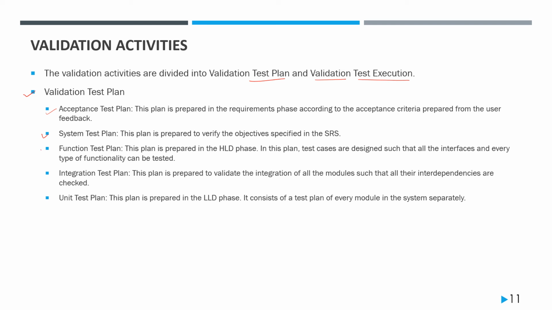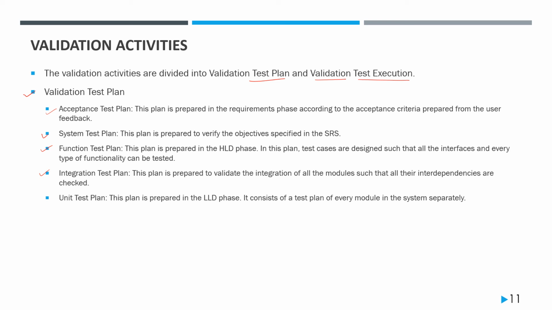Then the function test plan. This plan is prepared in the high level design phase. In this plan, test cases are designed such that all the interfaces and every type of functionality can be tested. The plan is used at the time of function testing. Integration test plan. This plan is prepared to validate the integration of all the modules such that all their interdependencies are checked. It also validates whether the integration is in conformance to the whole system design.